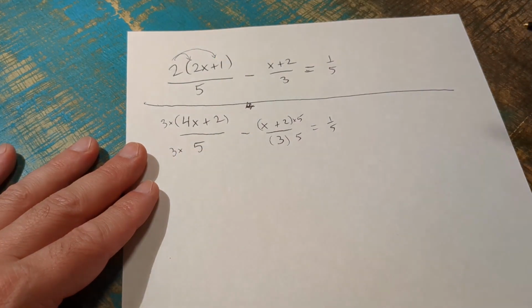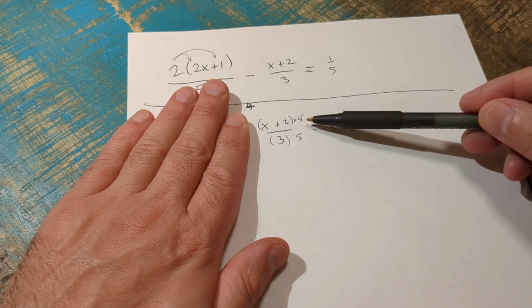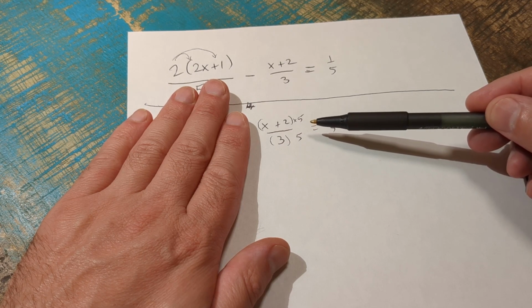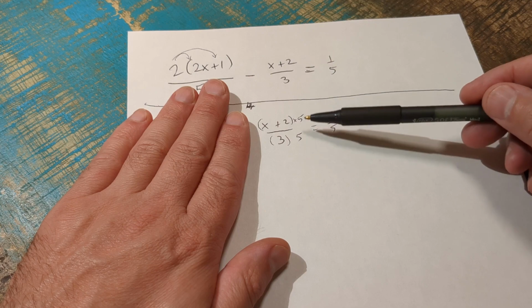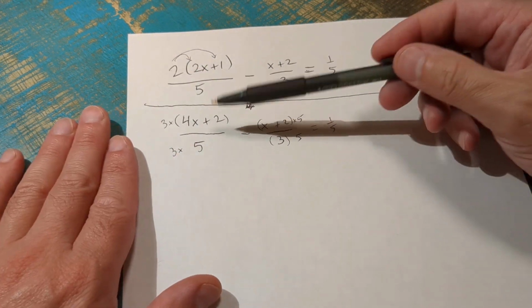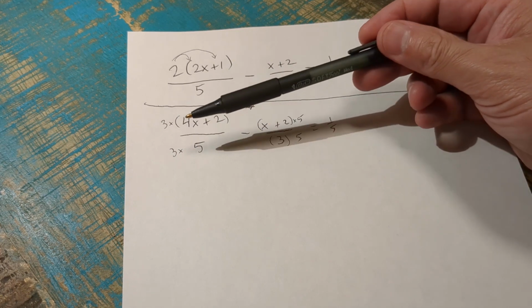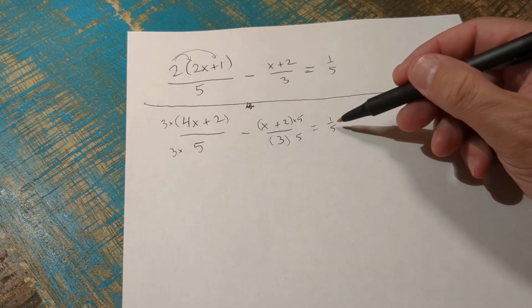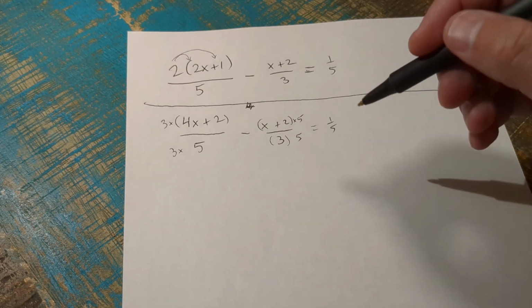Looking at this, we can multiply the top and bottom by the same thing, and it doesn't change it. So we multiply the top by 5 and the bottom by 5. Similarly, over here we multiply the top by 3 and the bottom by 3. And the right side of the equation we will leave alone for now.